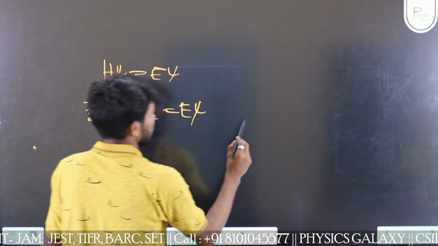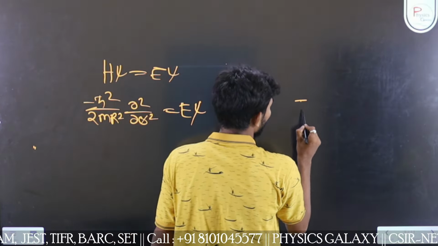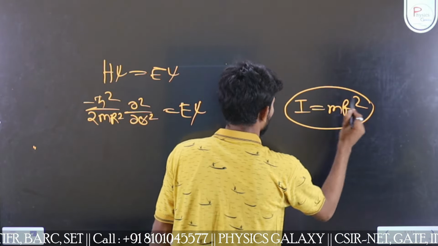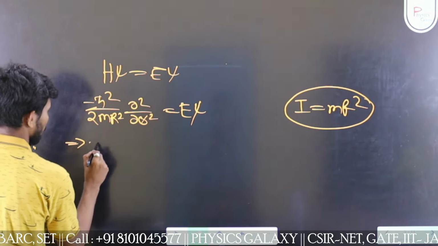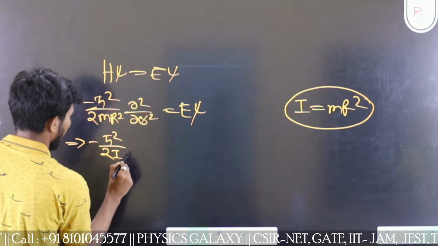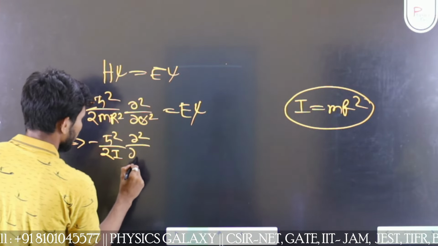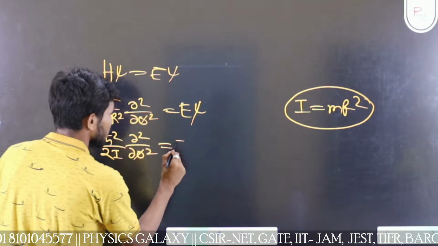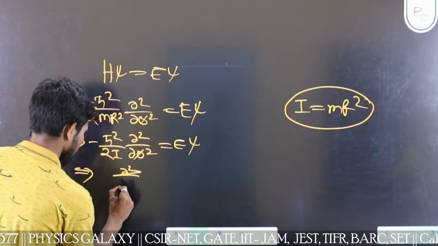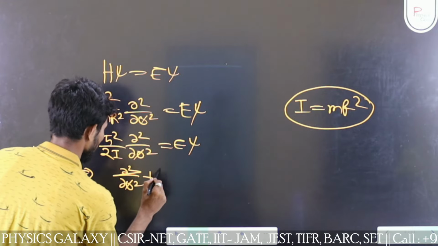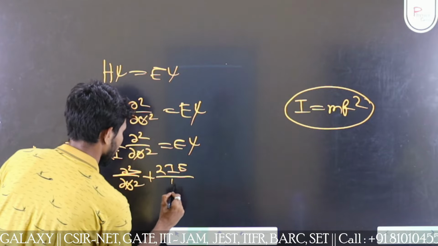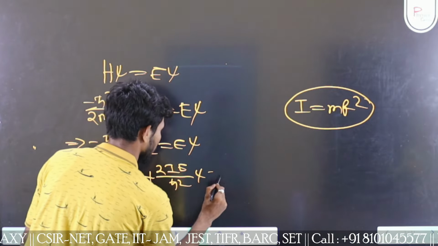We know the moment of inertia is equal to m r square, so we can put here minus ħ square by 2I del 2 del phi 2 psi equal to E psi, that is, del 2 del phi 2 psi plus 2 I E by ħ square psi is equal to 0.